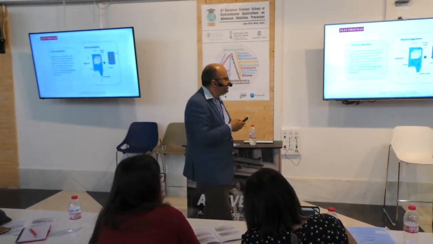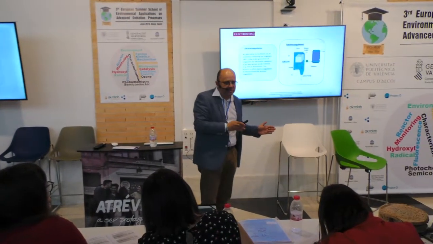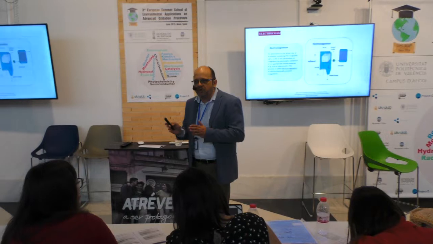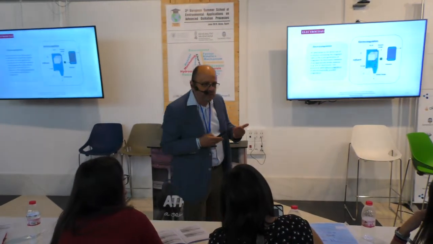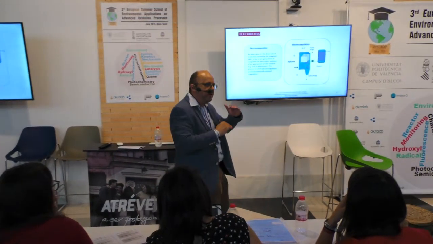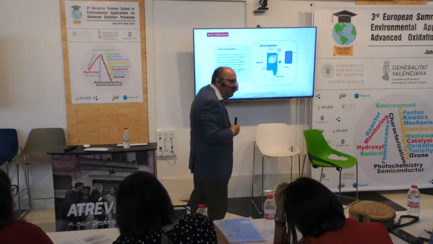And inside the electrochemical cell, by the reaction of oxidation of water or the reaction of reduction of water, we are producing bubbles. And these bubbles can help to separate the flocs that are formed inside the electrocoagulation cell.